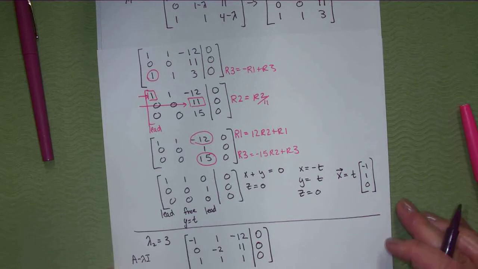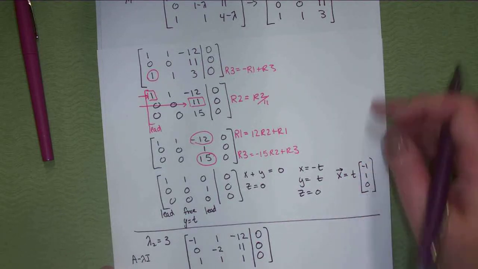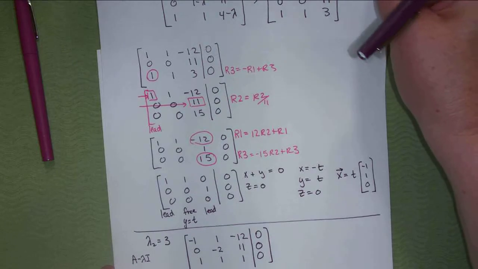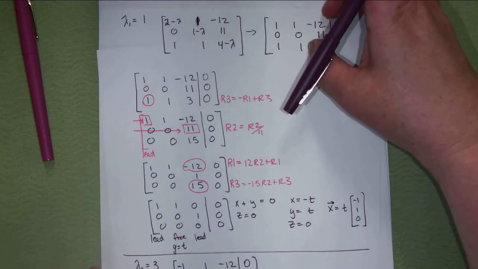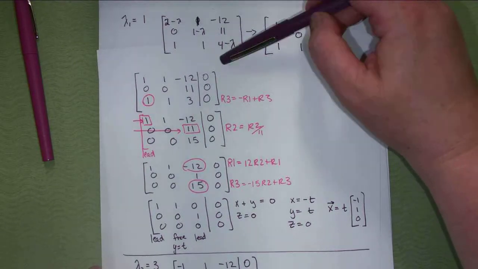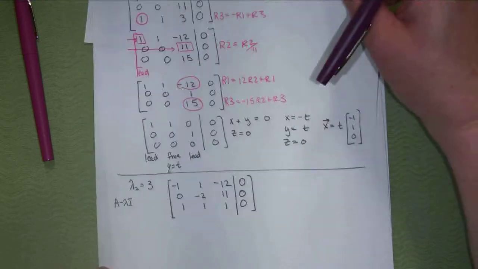Yeah. So I just plug that in to A minus lambda I. I could see it up here at the top of the page, right there. So I just plug that in, and then we row reduce.